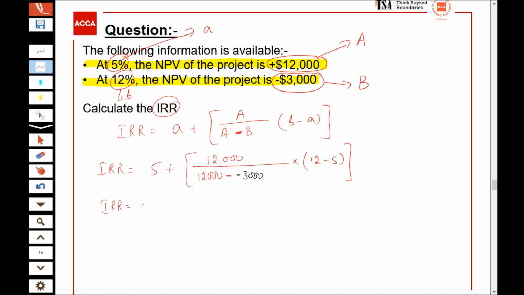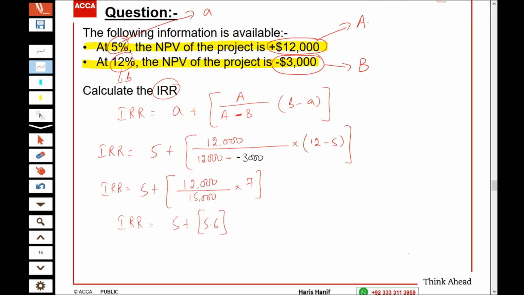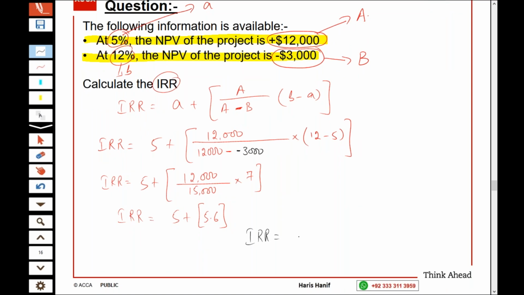So IRR is equal to 5 plus 12,000 divided by, minus minus would be plus, 15,000 multiplied by 7. So IRR is 5 plus 12 upon 15 multiplied by 7, that is 5.6. And now the IRR is 10.6.